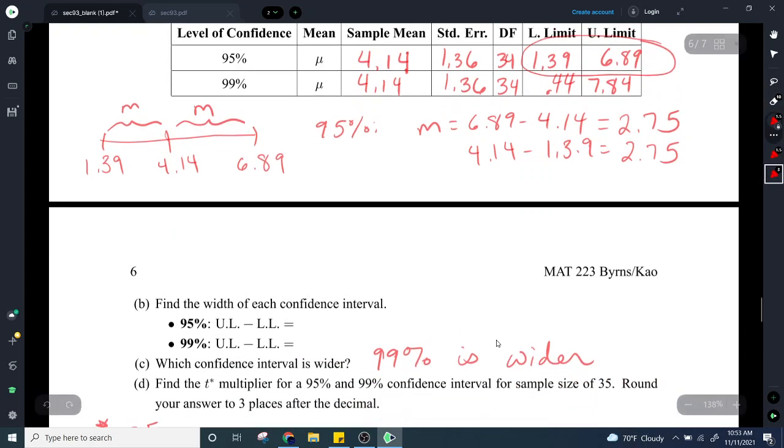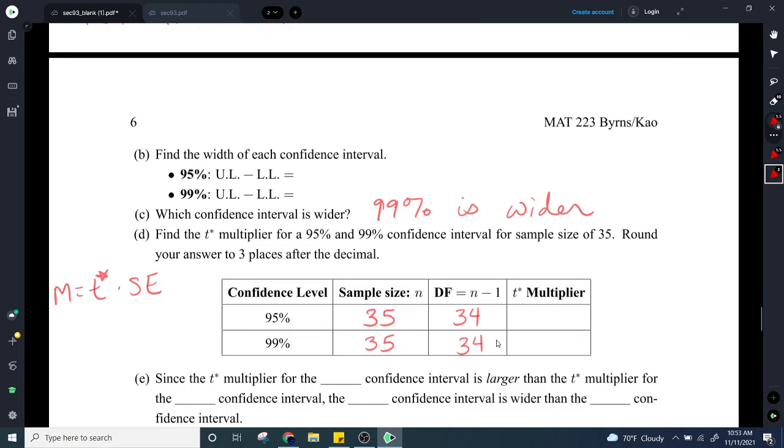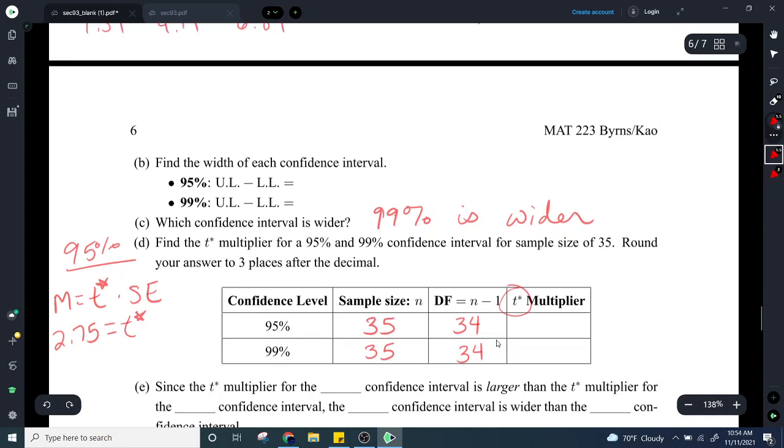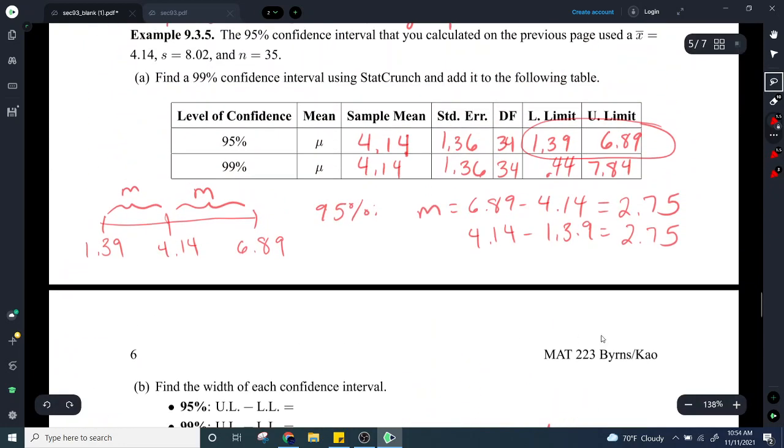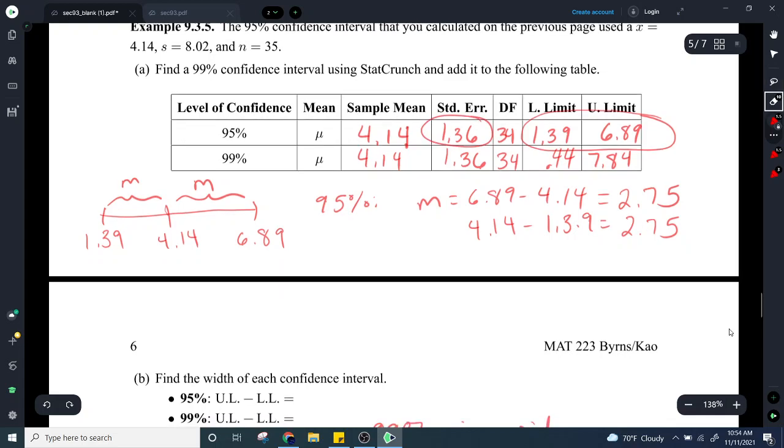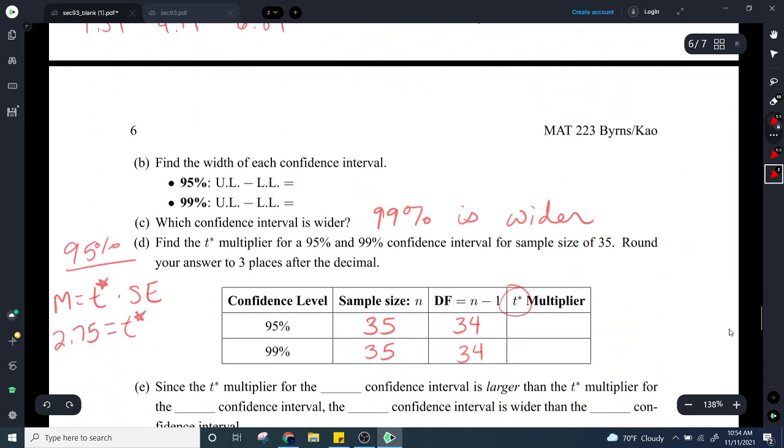So the margin of error for my 95% confidence interval in this example was 2.75. Now do a little bit of algebra. I'm trying to find this t star value. My margin of error is 2.75, and my standard error, which StatCrunch calculated, was this number right here, 1.36.